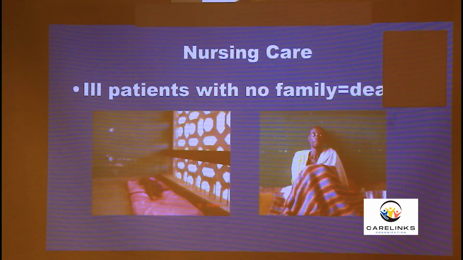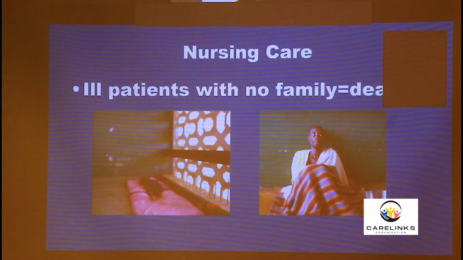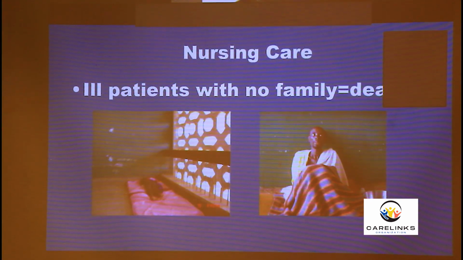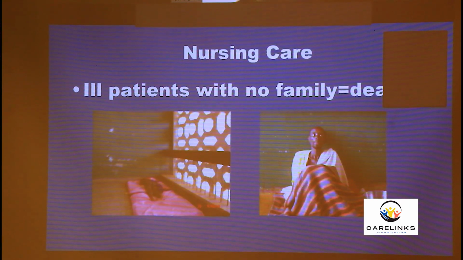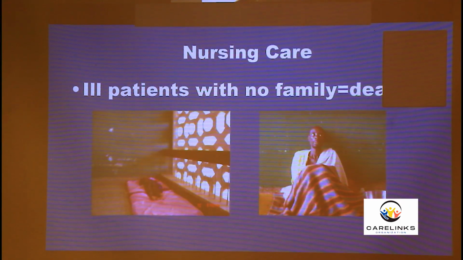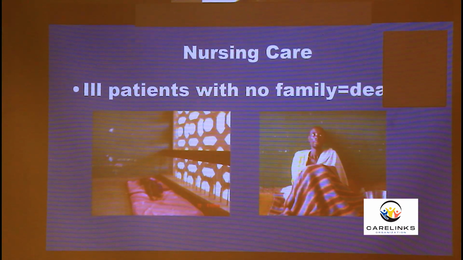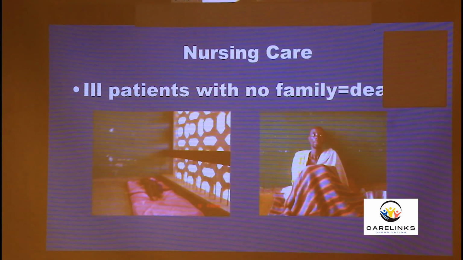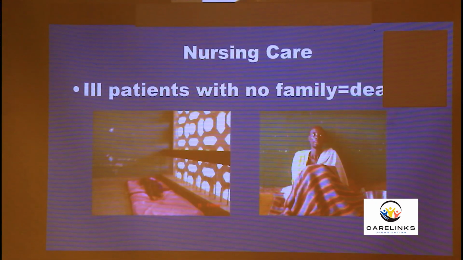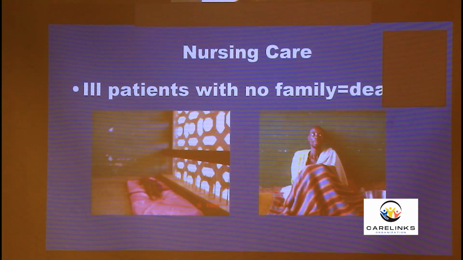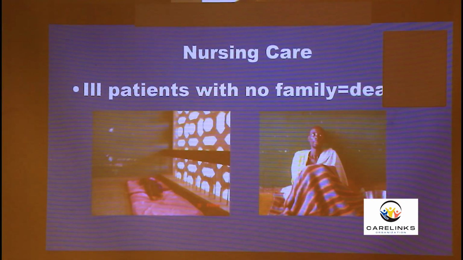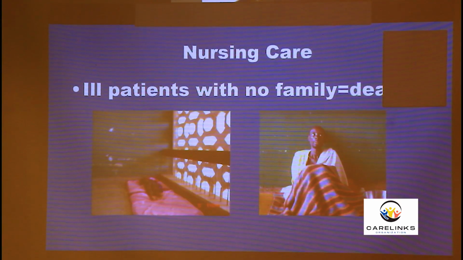If you don't have family, you're in deep trouble. Ill patients with no family often means they're not going to survive their hospitalization. On the left is a homeless man who was brought in by the police, obviously ill, but just on a blanket with no one to help. On the right is a prisoner who was sent in with tuberculosis and advanced HIV, again with no one to help.